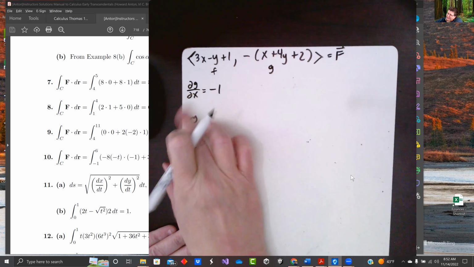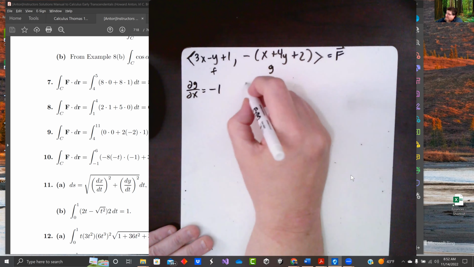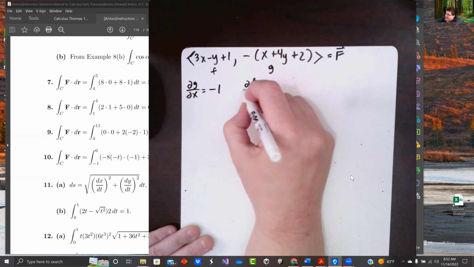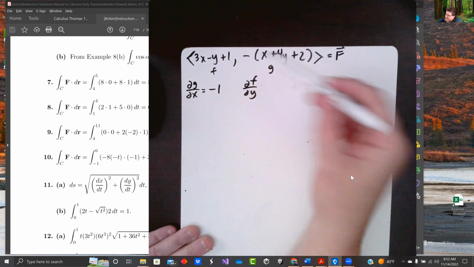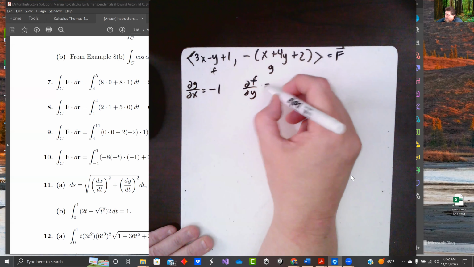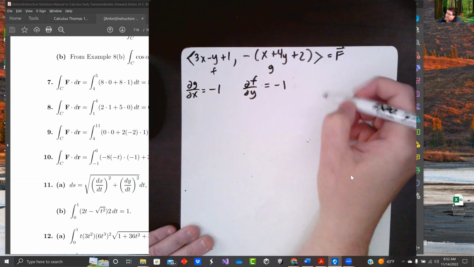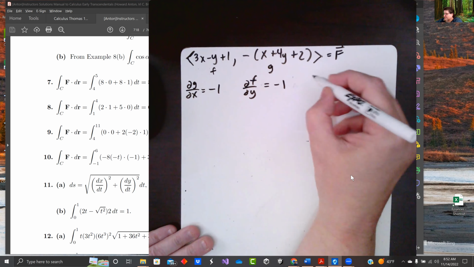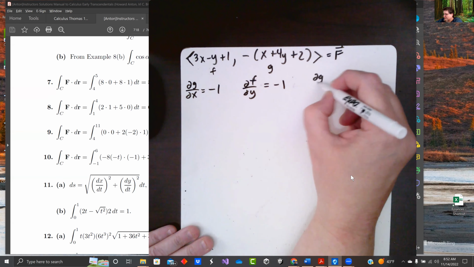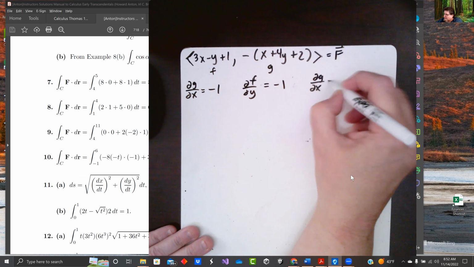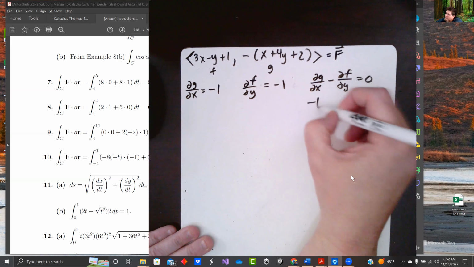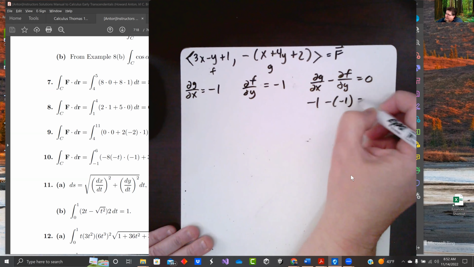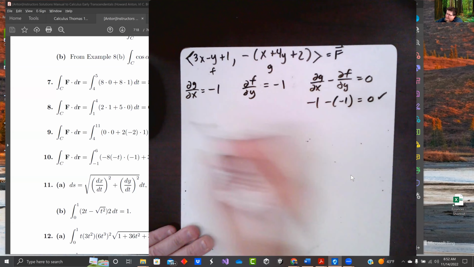I guess I don't need 2 lines for this. Because if I do the derivative of f with respect to y, the 3x and the 1 don't matter. The derivative of negative y is negative 1. So these are equal, but I encouraged you to do it as subtraction. Negative 1 minus negative 1 equals 0. So yes, this is conservative.